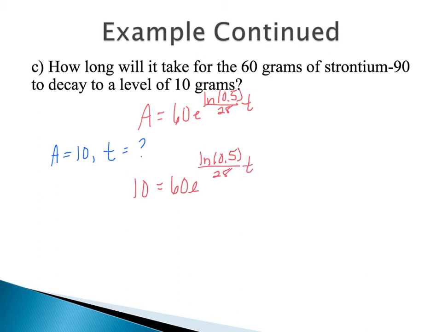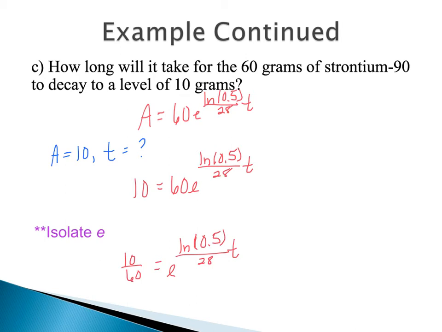So essentially we're going to be following very similar steps that we just did in part A when we're trying to find k. We need to isolate the exponential first, so I'm going to have to divide both sides by that 60. So when I divide by 60, I'm going to end up with 10 over 60 equals e to the natural log of 0.5 over 28t.